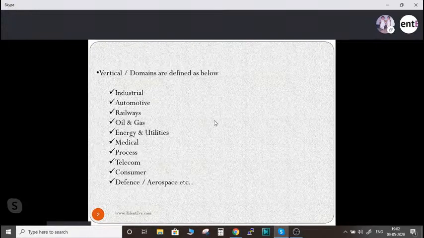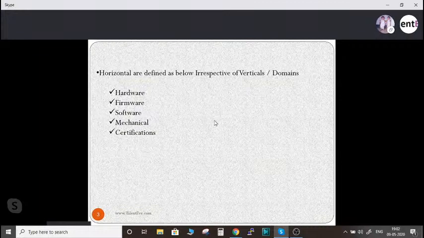If I define the horizontals, they are the hardware, the firmware, the software, the mechanical, or the certifications, or some part of these, where these horizontals will be integrated into various domains as I gave in the earlier slide.